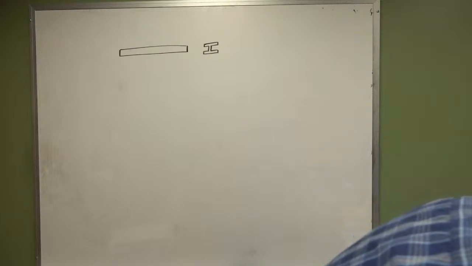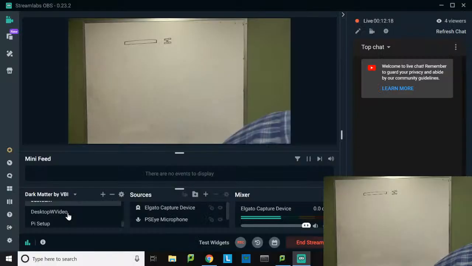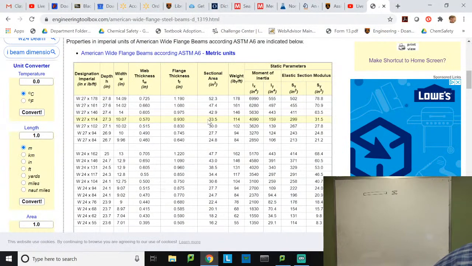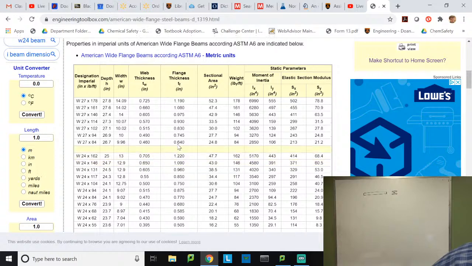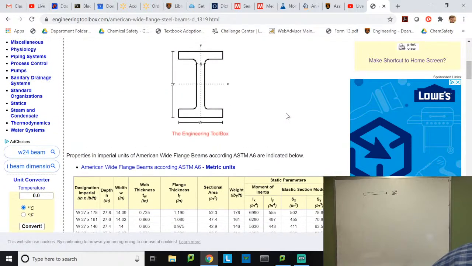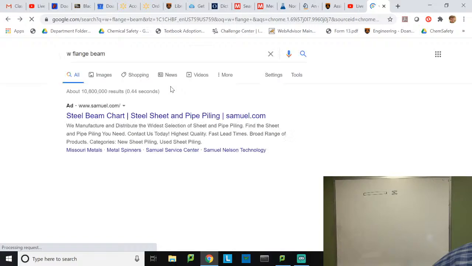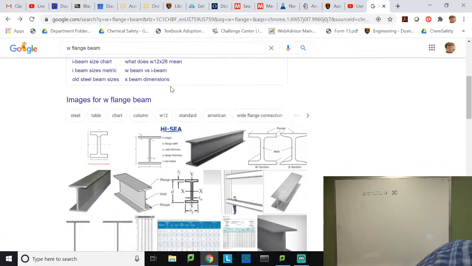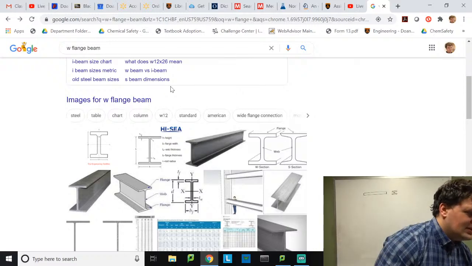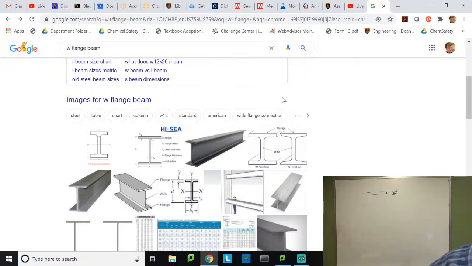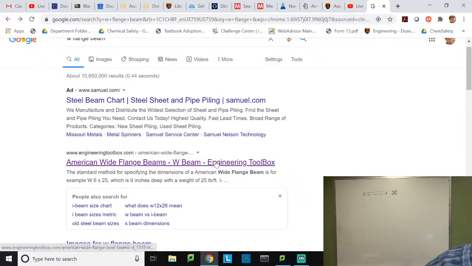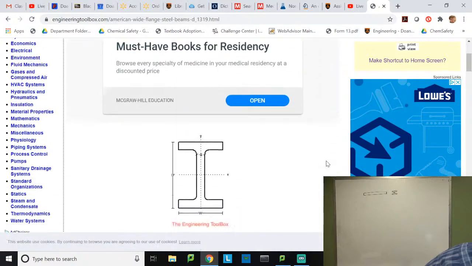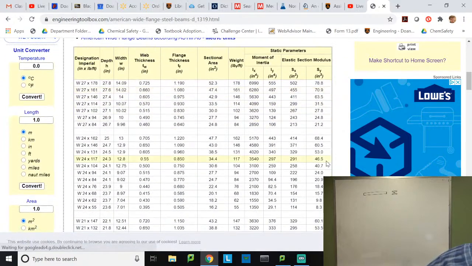Let me quickly share my screen with you. So now you can see the board too. I just went to engineeringtoolbox.com. Really, you can just look up W flange beams or I-beams or I-beam shapes, and from that you can get a lot of information on what they are. I'm going to go here because it's a nice resource that's been put together, has everything that you would need as an engineer.